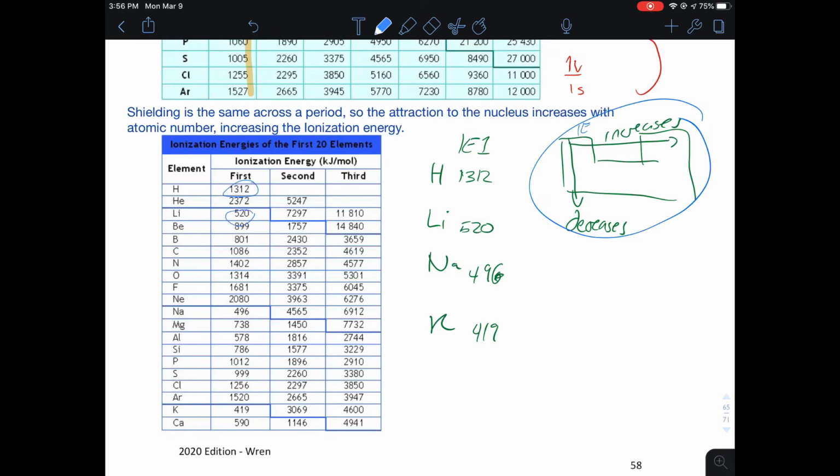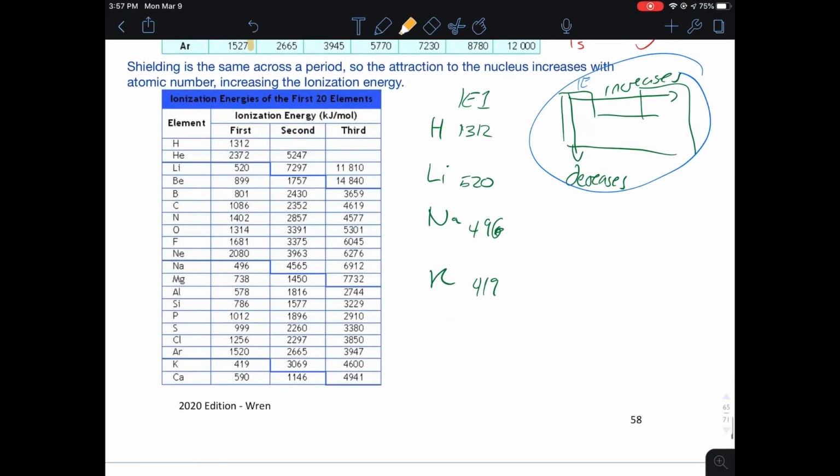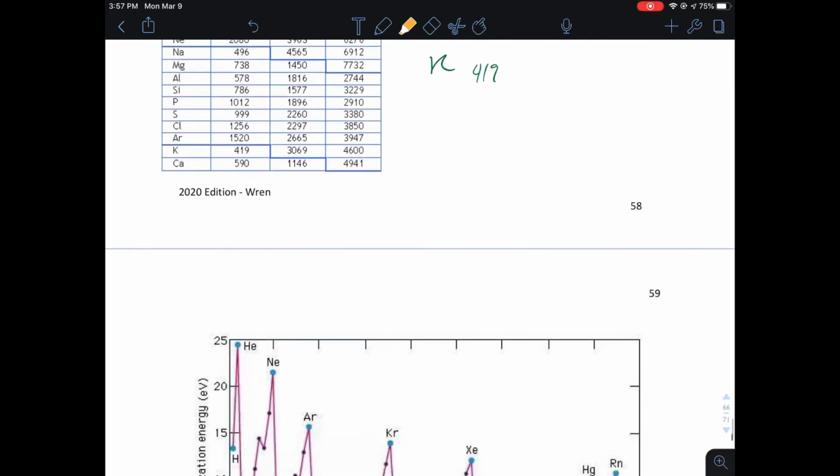Here's another example. You can look at hydrogen, lithium, sodium, and potassium. That's all down a group. You can see that that first ionization energy really decreases in power. Even if you go to the noble gases, you can see that the decrease is also there. So as the elements get bigger, the ionization energy decreases.